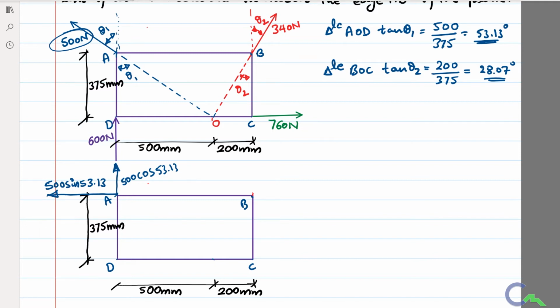Now we have the second force, 340 Newton. The angle is given with respect to vertical, therefore the vertical component is 340 cos 28.07, and the horizontal component is 340 sin 28.07.